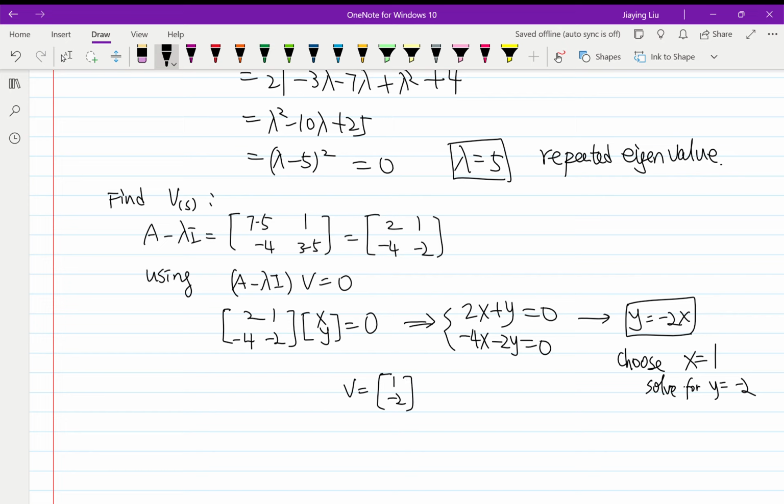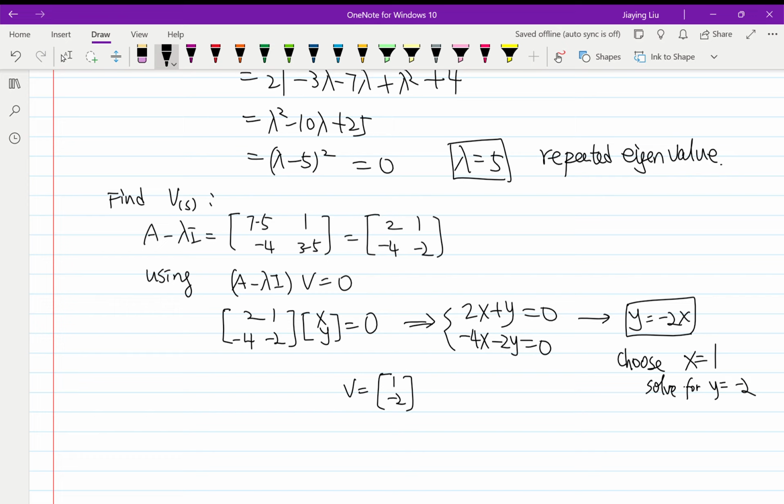And then you probably think, can we get a second vector out of this by choosing a different value? If we pick, let's say, x equals 3, then the y will be -6. So 3, -6 will be a multiple of this one, so that's not independent from v. Well, you probably think, can we pick a value for y first and then solve for x?